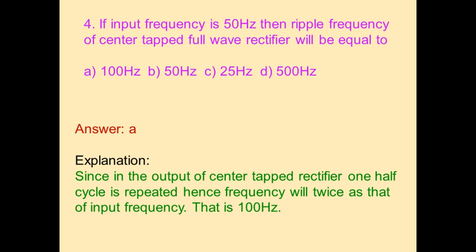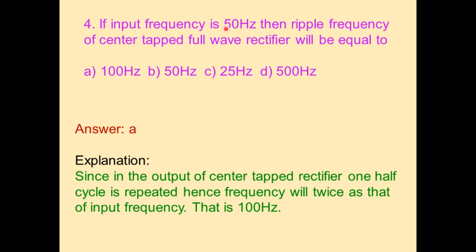Okay, so this is nothing but a full wave rectifier. In the output of center tapped rectifier, one half cycle is repeated, hence frequency will be twice that of input frequency. In the problem, the input frequency is given as 50 Hz.